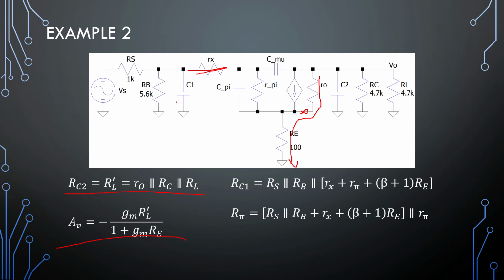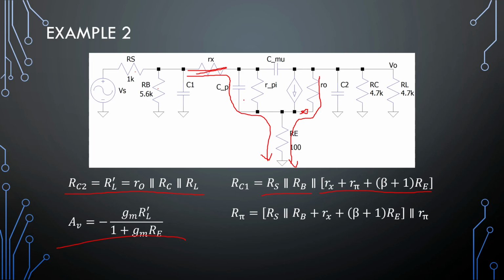So looking at what C1 is seeing in parallel with itself, it's again Rs parallel to Rb, parallel to everything on this side. So Rx plus R pi plus beta plus 1 Re. Okay, so that is quite large. This will be a very large impedance, and Rs parallel to Rb will dominate around here. So this capacitor will heavily be affected by Rs and Rb.